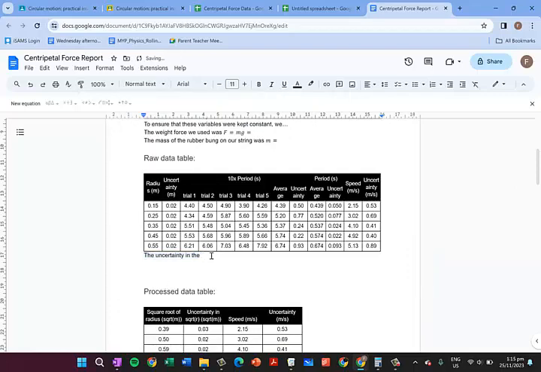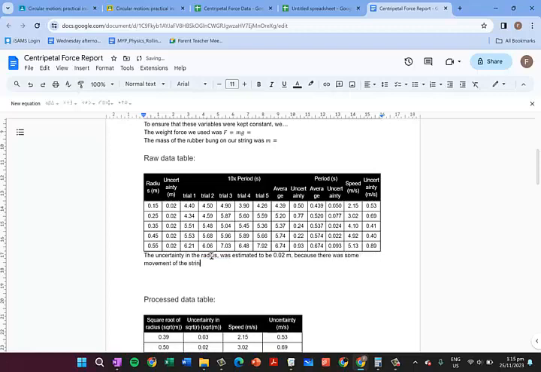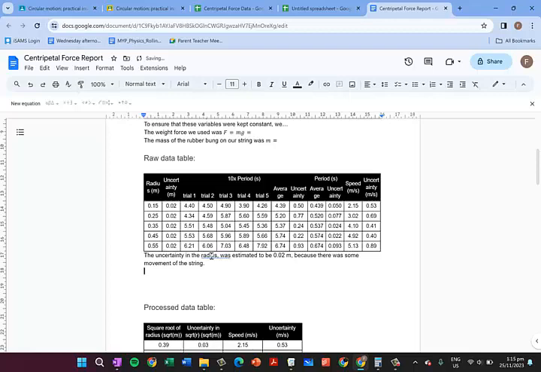So the uncertainty in the radius was estimated to be 0.02 meters because there was some movement of the string. And then the average was just the sum of our 5 trials divided by 5.